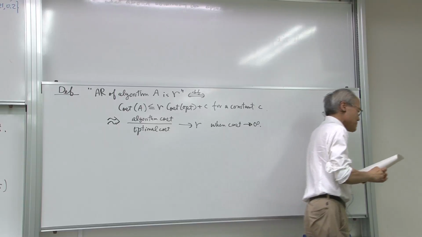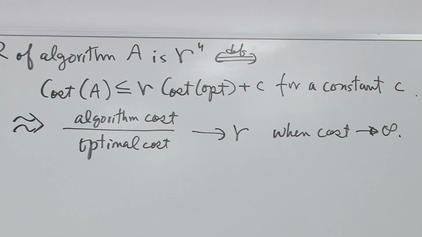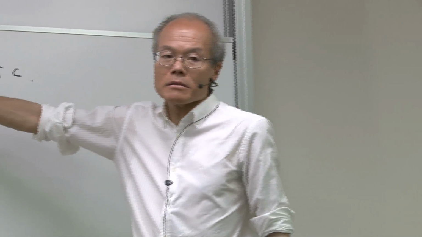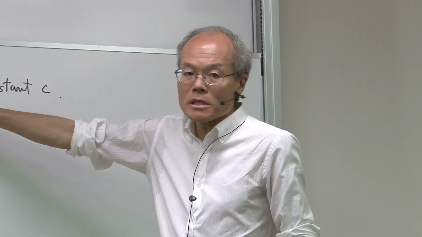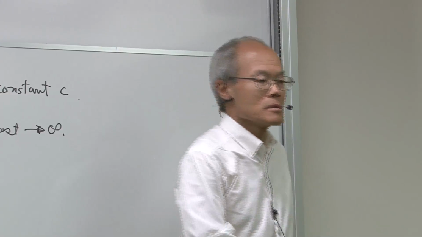If the cost goes to infinity, so if you consider a big-size problem, then you can now ignore this constant C. That means the algorithm cost over the optimal cost is almost R. This is a reasonable definition of approximation ratio.